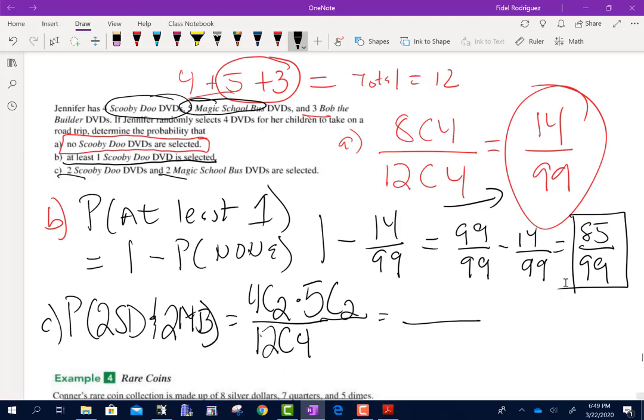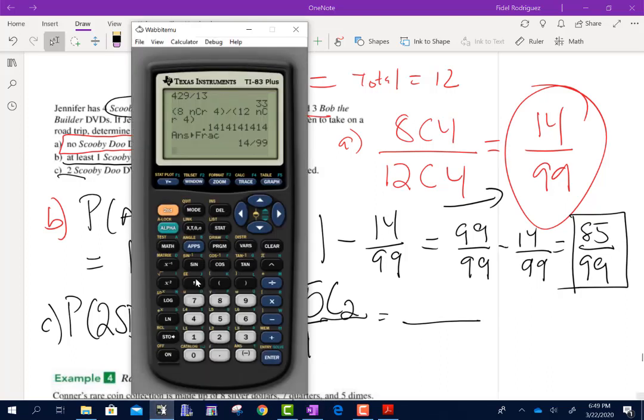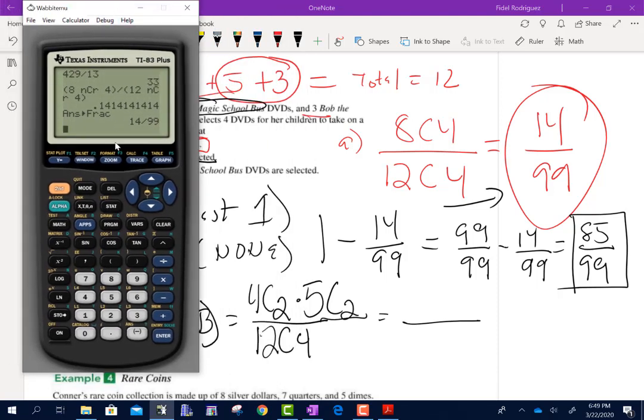So let me see if I can do this exactly the same way on my calculator as I did before. So let me move this over here. I'm going to go parentheses, 4, math, probability. I'm going to choose 2 of them, times 5, math, probability.